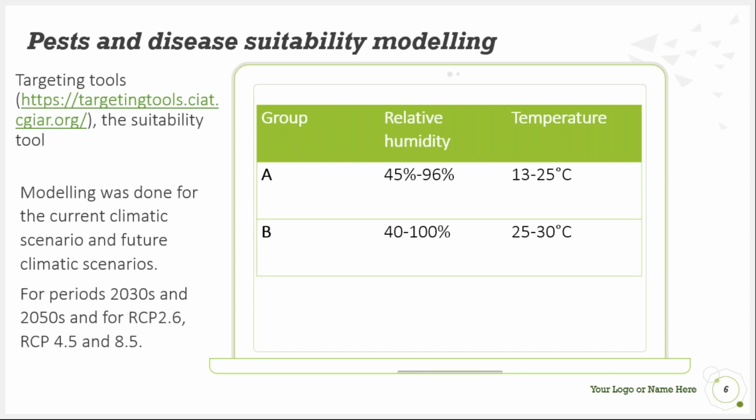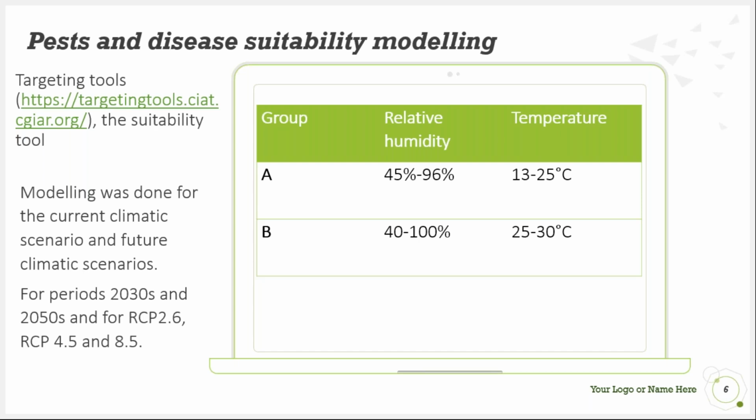If you look at relative humidity, it will have a similarity, but temperature is now divided in two groups. So we did this for the periods 2030s and 2050s, and also for RCP 2.6, 4.5, and 8.5.